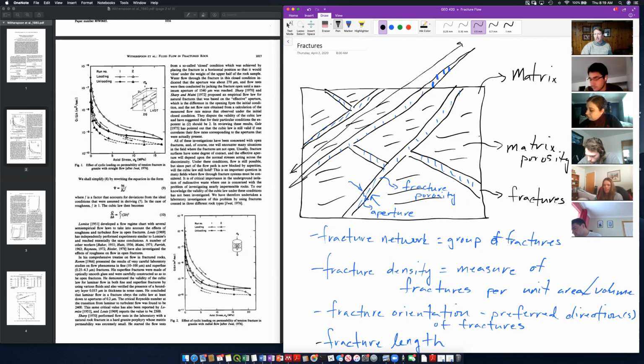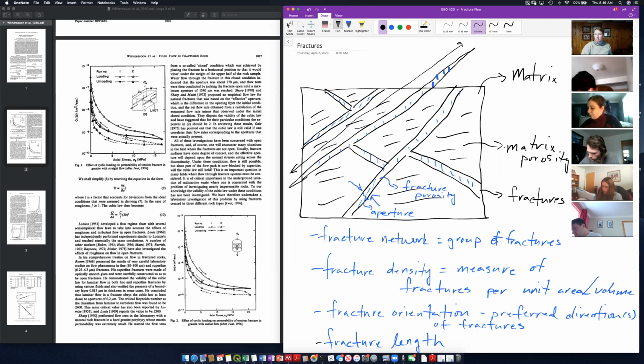All right, so whenever we talk about fractured material, you'll often hear the term dual continuum. So there's two units that we're talking about.